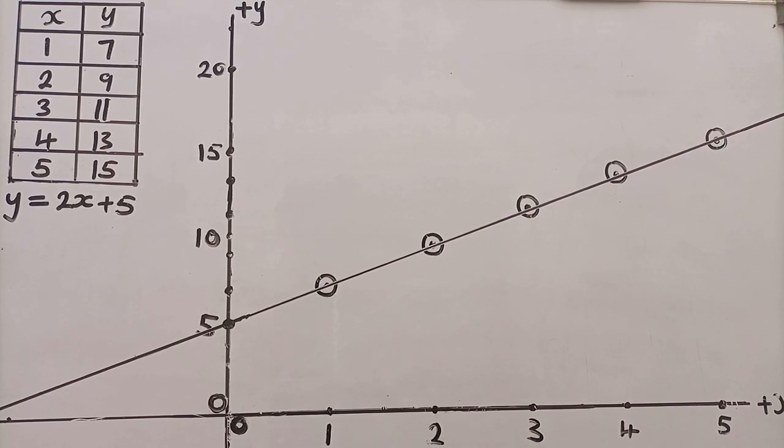That means we have to write this equation y is equal to 2x plus 5 around this area to keep reminding us that this line describes that equation. Let us see. Finally, we have it here. y is equal to 2x plus 5 describes this line.